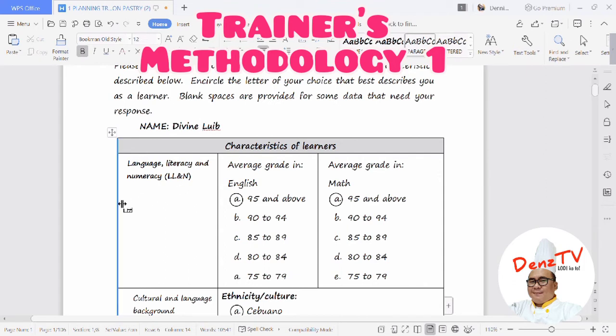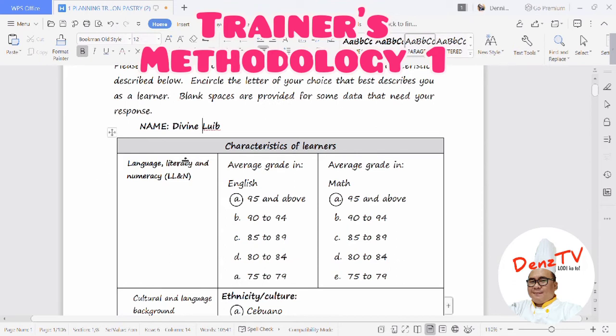So how will you consider this when planning a training session? How do trainee characteristics get considered when planning a training session?